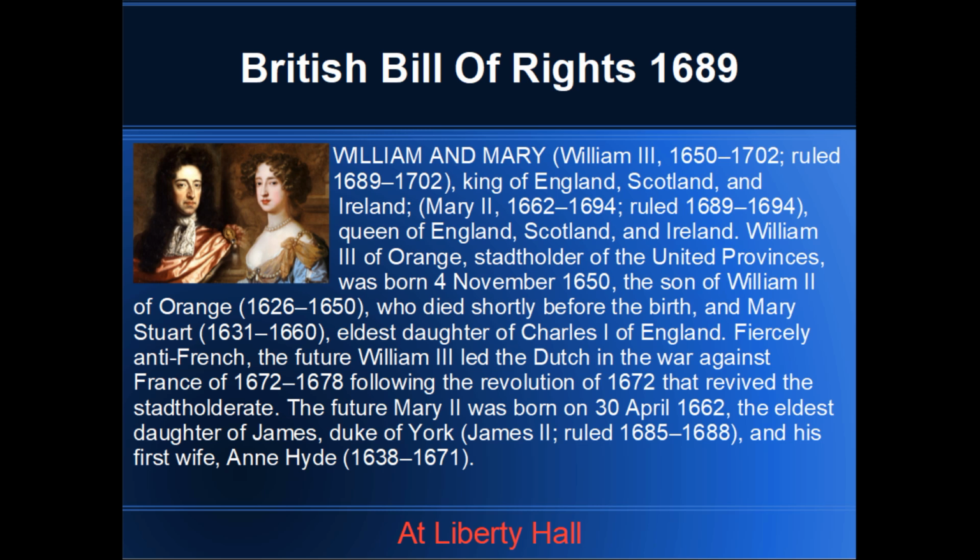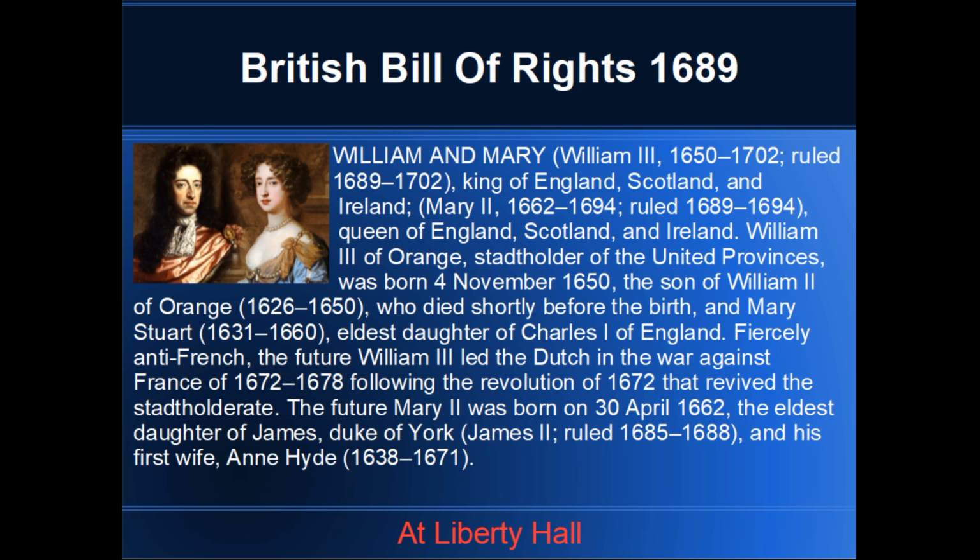William III of Orange, Stadtholder of the United Provinces, was born 4 November 1650, the son of William II of Orange, 1626 to 1650, who died shortly before the birth, and Mary Stuart, 1631 to 1660, eldest daughter of Charles I of England. Fiercely anti-French, the future William III led the Dutch in the war against France of 1672 to 1678, following the Revolution of 1672 that revived the Stadtholderate.